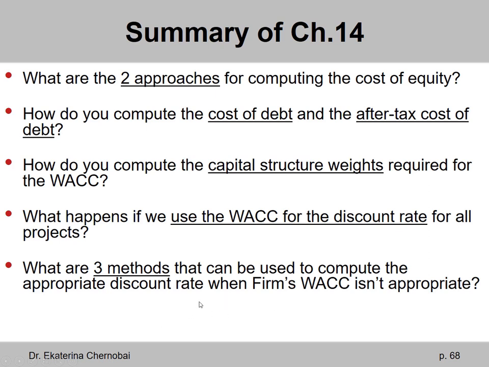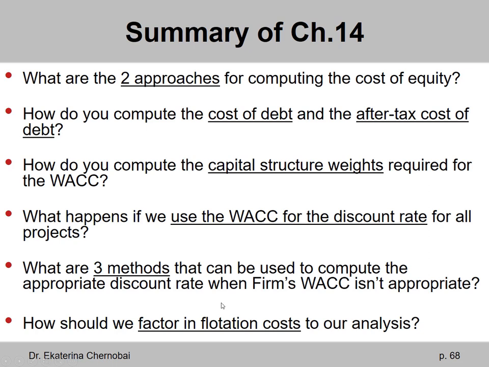Why a couple of percent? Why not 3%? Why not only 1%? And the third method is called the divisional cost of capital, when each of firm's division may have its own appropriate weighted average cost of capital, and that should be the correct discount rate that division would need to use rather than the firm's overall weighted average cost of capital when the division is assigned to some new investment project.